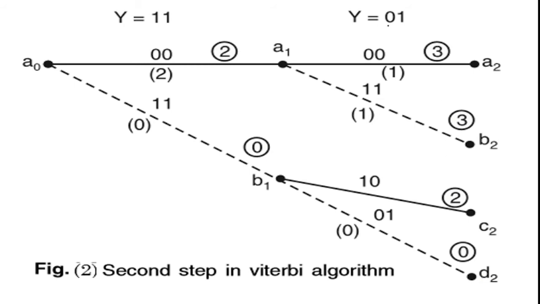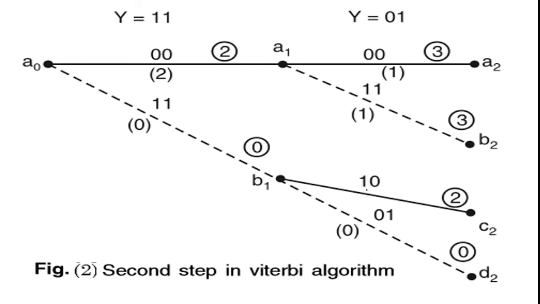So now here 0 1 and 0 0, one element differs, so the branch metric is 1. Next, comparing the received signal and the encoded signal 1 1. So 0 1 and 1 1, only one element differs, so the branch metric is 1. Next, calculate the branch metric of B1 to C2. The received signal is 0 1.